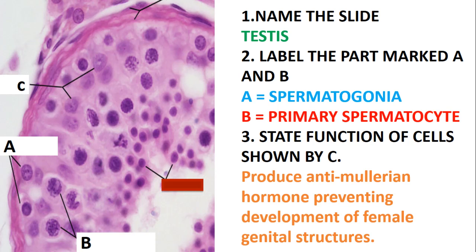We all need to know that the testes are found in the male organism, and in the male we don't need the presence of female structures such as the vagina. As a result, these cells marked C are just there to prevent the development of the female genital structures.